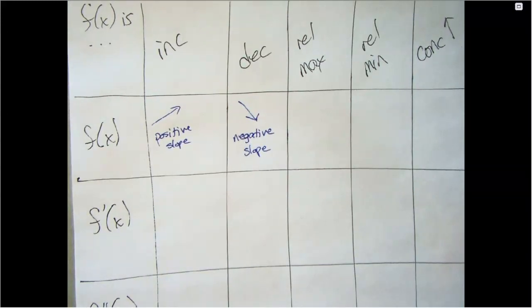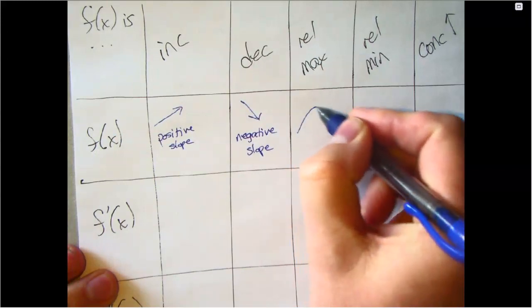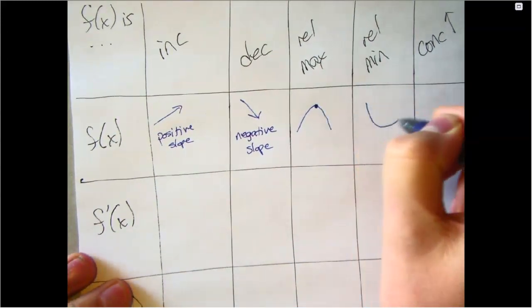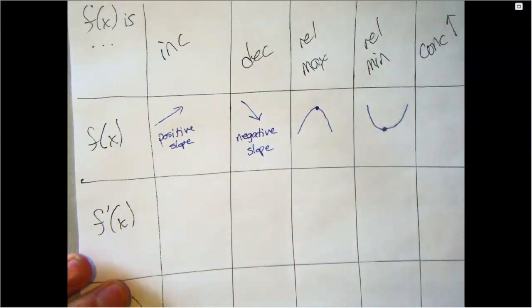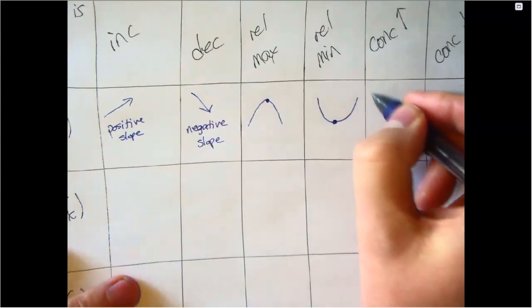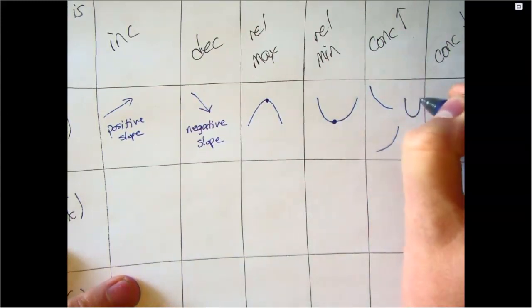Relative max. If f of x has a relative max, f of x looks like the top of a hill. A relative min on f of x would look like the bottom of a hill. Concave up on the original graph either looks like this or like this, or you get that U shape if you combine them.